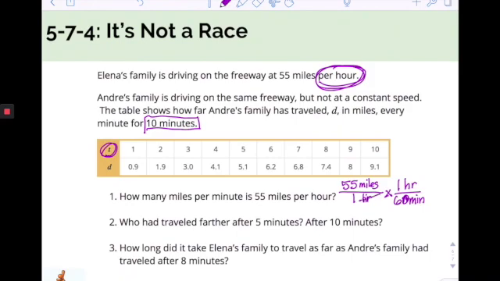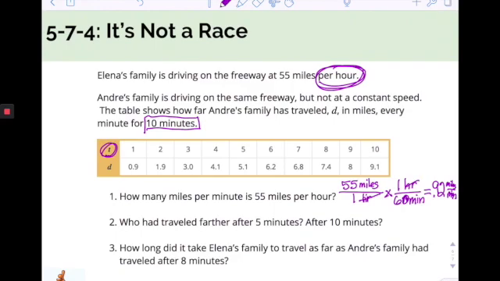Okay, my hours cancel out, and I will do 55 divided by 60, and I will get 0.92 miles per minute. Okay, so use that 0.92 miles per minute to answer questions 2, 3, and 4.